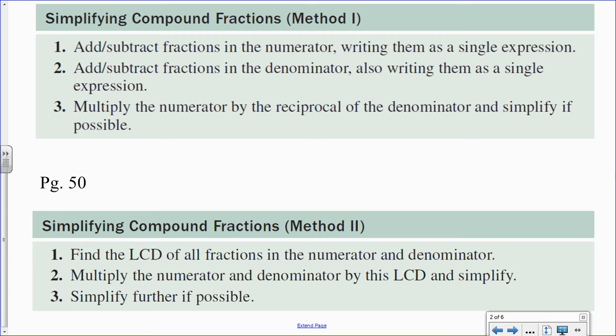Okay, so the second way, we find the LCD of all the fractions, and then use that to clear out all the denominators, and then we just simplify after that. Okay, so like I said, we'll go through both ways, and you can decide which way you like. I tend to do this second one, personally, but like I said, the first one might be a little bit easier, it's just going to be a little longer.